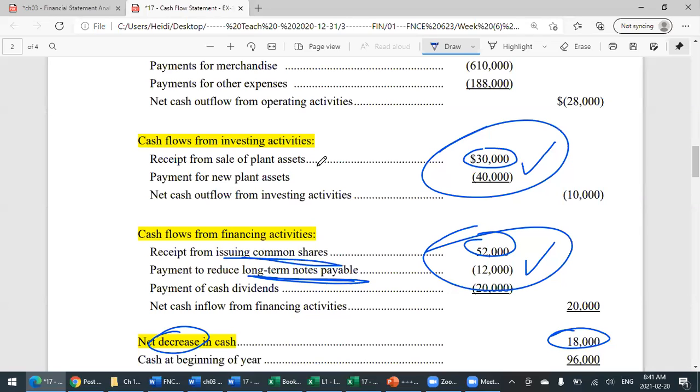They throw away those old machines and buy new ones so that they can improve the efficiency. And here they repay the liability by issuing new shares. So you can really see what they are trying to do during this year.